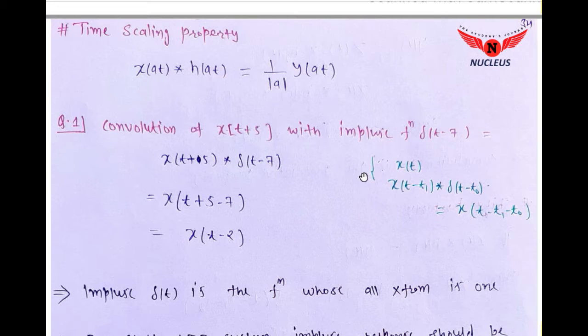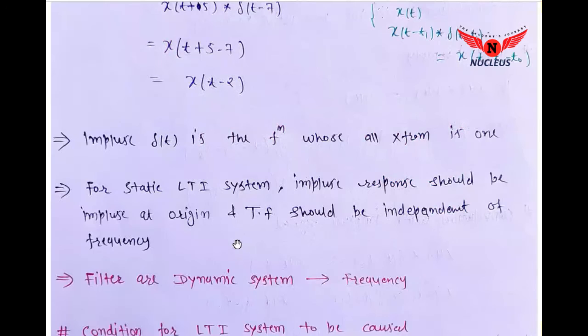From this property we can write this one, where the value of t1 is minus 5 and the value of t0 is 7. You can add them, and you will get x(t minus 2). Point to remember here: the impulse function delta(t) is the function whose transform is 1.